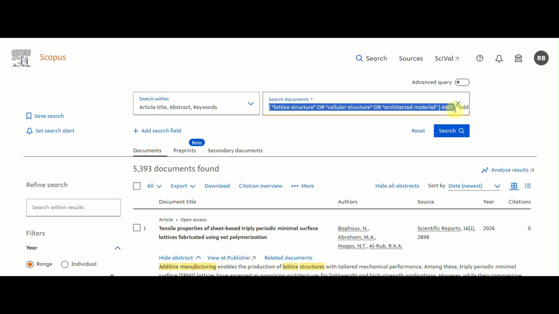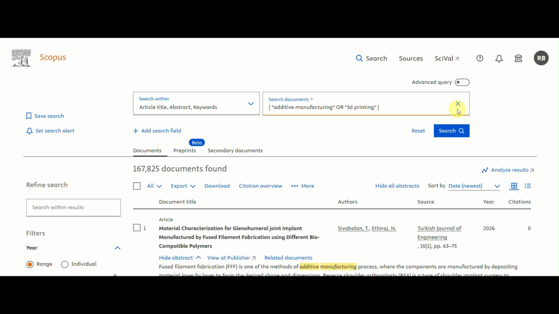Let me remove this keyword and keep this one. Even we can remove this also, no problem. I will show you exactly what I'm trying to explain, the importance of selecting the right keyword. Here we have used similar keywords for additive manufacturing.